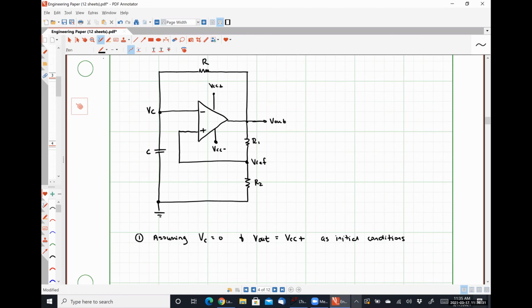So graphically, what's going on, let's see. Let's start with our output voltage, which I'll draw over here, starts as VCC plus, which means our reference voltage, let's start it right here, is going to be, I'm just going to call this Vref.